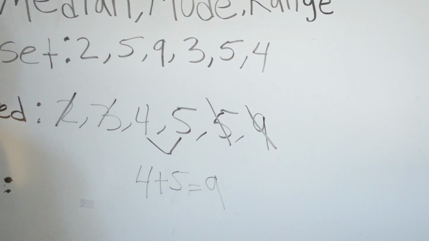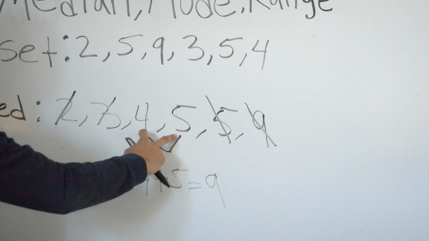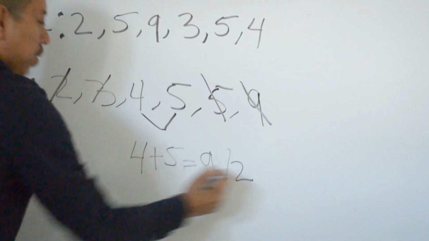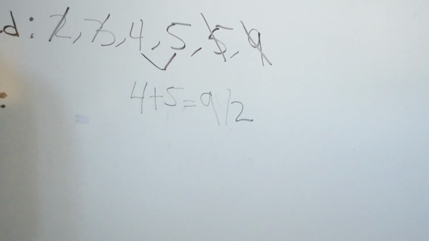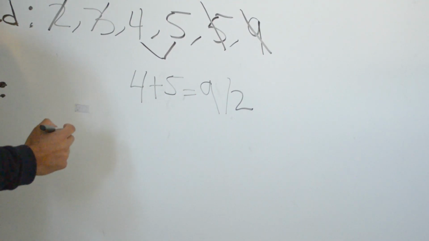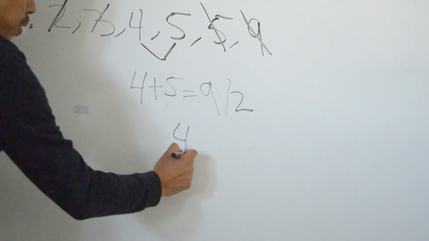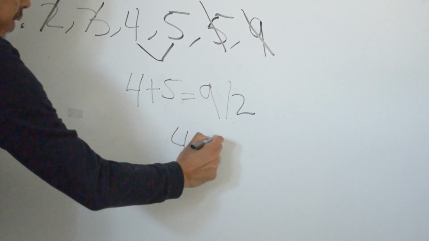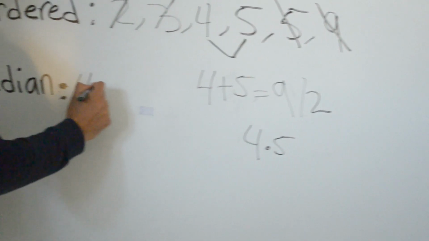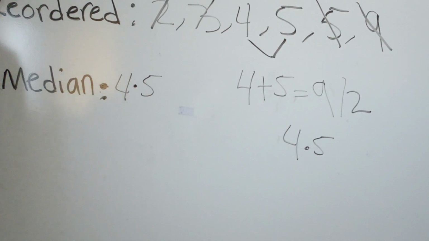Then we're going to divide that by how many numbers we have here, which is 2. So 9 divided by 2 is going to be 4.5. So your median is going to be 4.5.